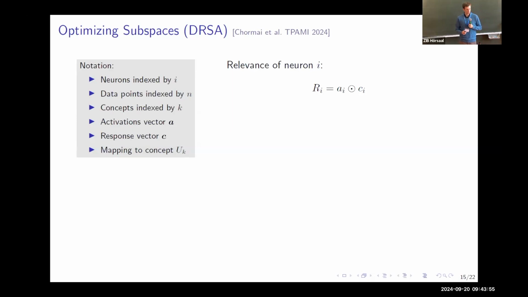And so basically if we perform LRP, but don't stop at the level of neurons, but stop in the middle of the subspace, so in this virtual layer, we can actually get a closed form expression for the relevance of subspace K, which is basically the projection of the activation times the projection of this response vector.